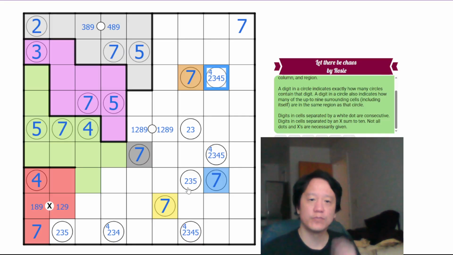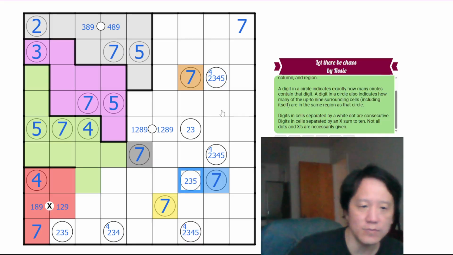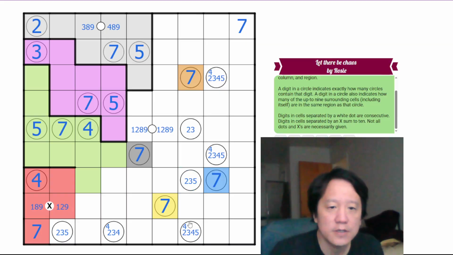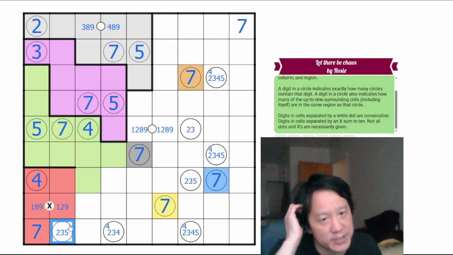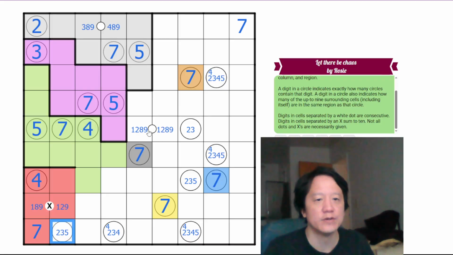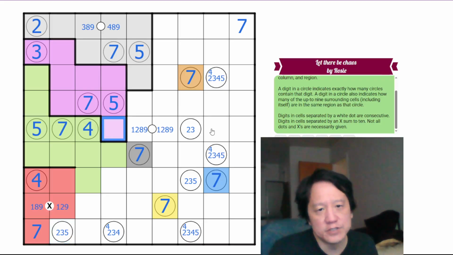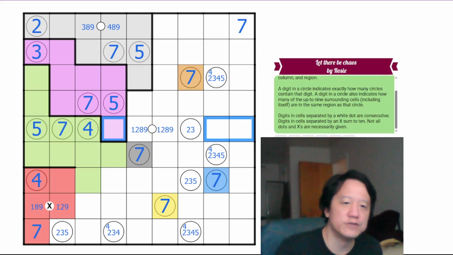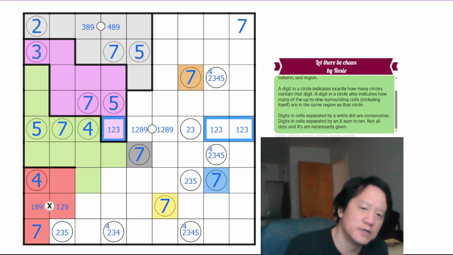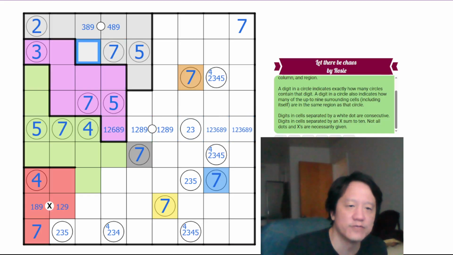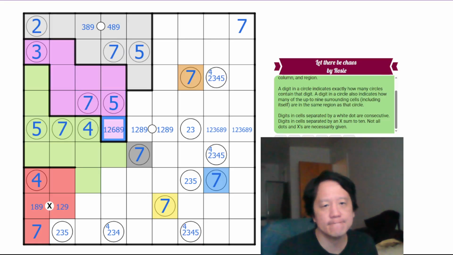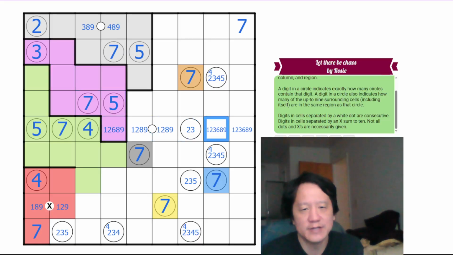Interesting. 5s, we have multiple possibilities for 5s. 3s, we have multiple possibilities for 3s also. Remaining digits in row 5, we have 1, 2, 3, 6, 8, 9. This can't be 3 because of 3 in the region. That's pretty much it.